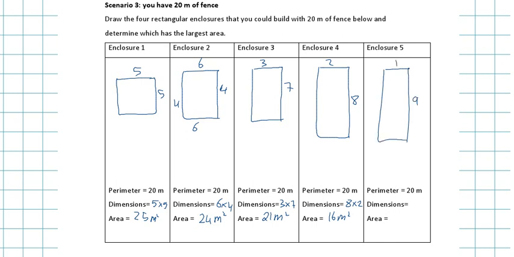Okay, so again, this is another example that shows that a square would give me the maximum area, right? 5 by 5 gives me 25 meters squared.